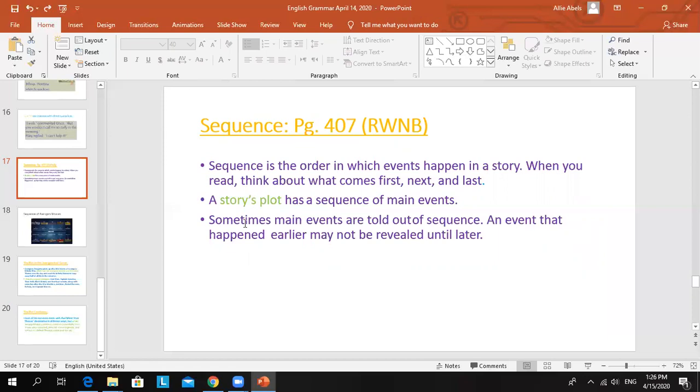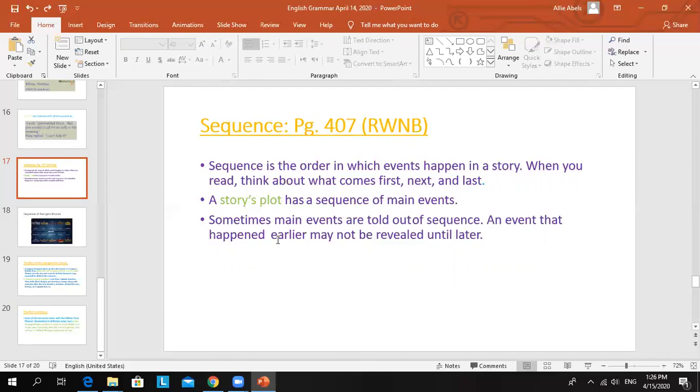And the last point I want to draw everyone's attention to is that sometimes main events are told out of sequence, and an event that happened earlier may not be revealed until later. So sometimes when writers write to make their story interesting and keep people in suspense, waiting for crucial information about a story or a movie they're watching, they sometimes disarrange the sequence of events.